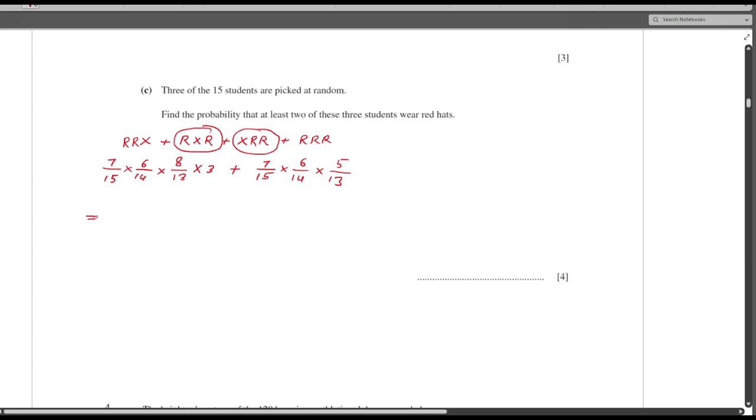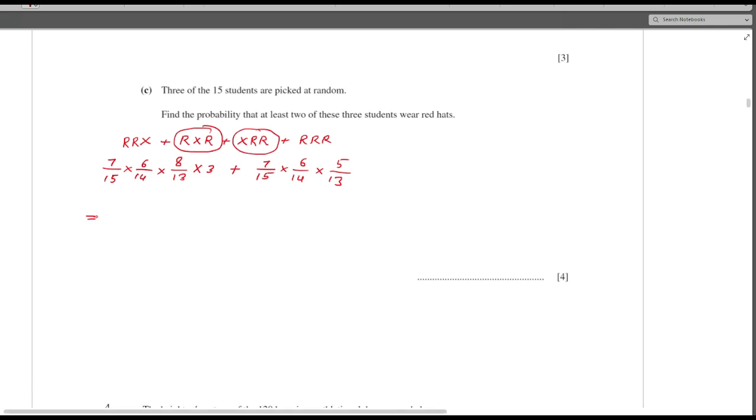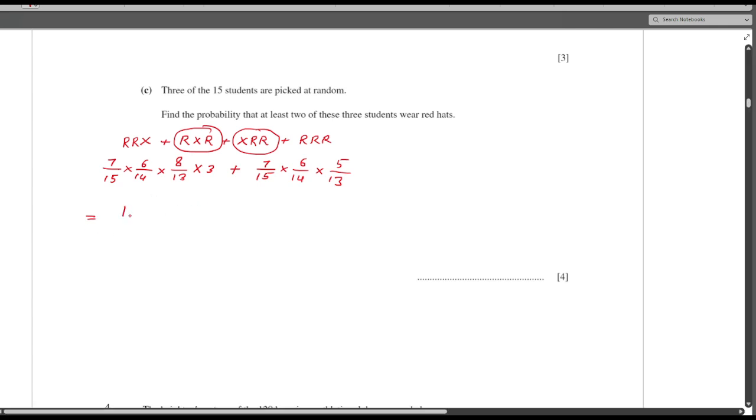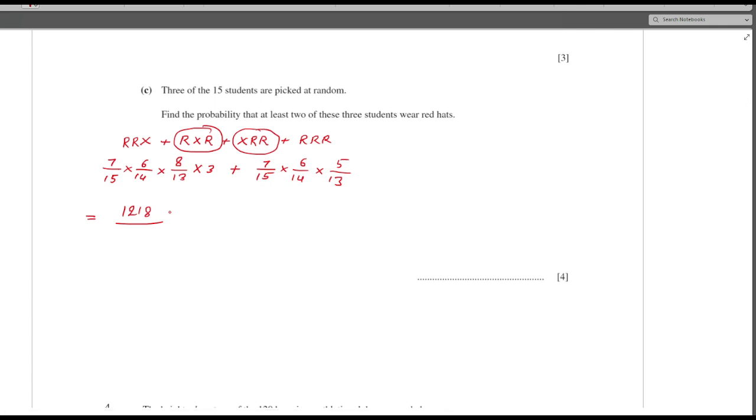Okay, so here let us calculate the result. Your numerator is 7 times 6 times 8 times 3 plus 7 times 6 times 5. So your numerator is 1218, and your denominator is 15 times 14 times 13. Your denominator is 2730.